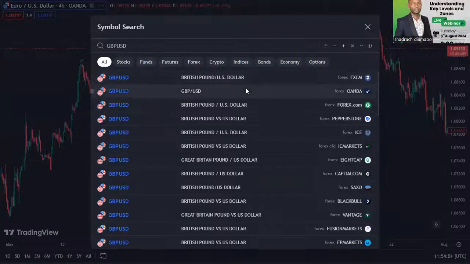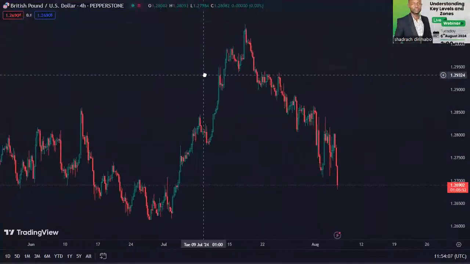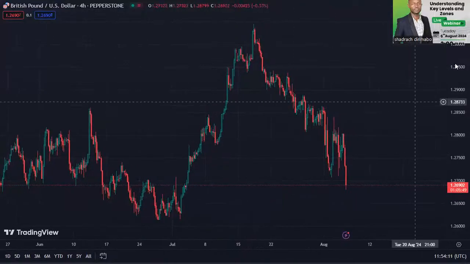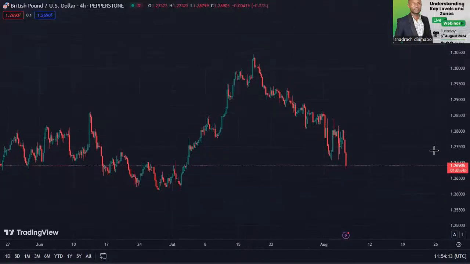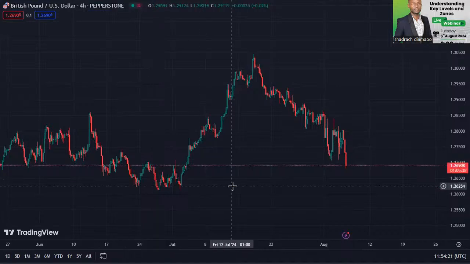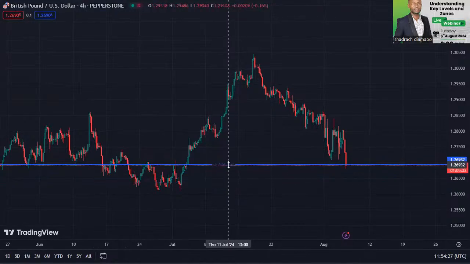Let's look at GBP USD. Okay, so let's look at this 4 hours. If you watch this market critically, this seems to be a very nice level.